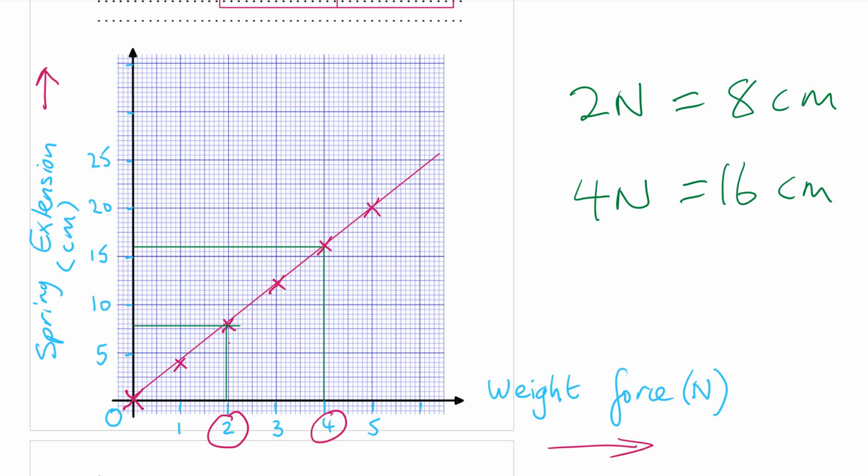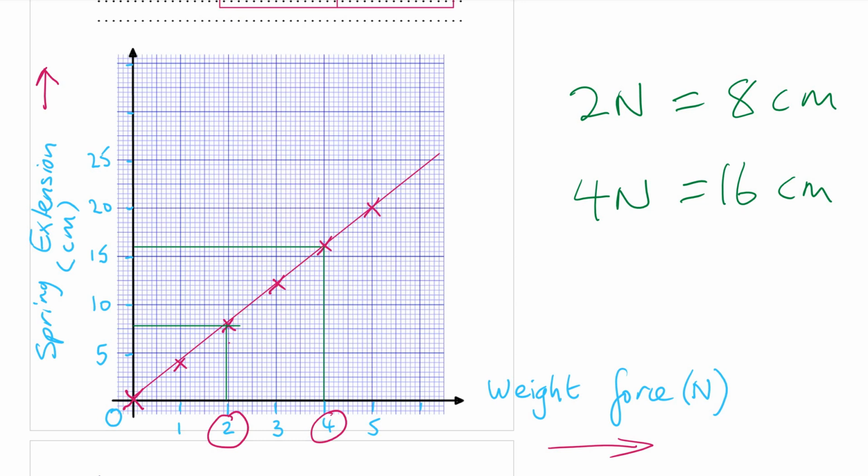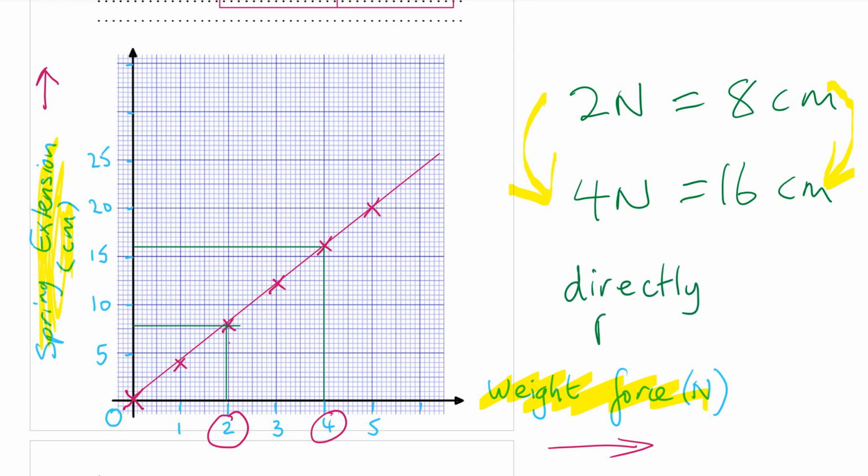So what I'm suggesting to you is, if you double the weight force, you double the spring extension. The two variables, we can call them directly proportional.